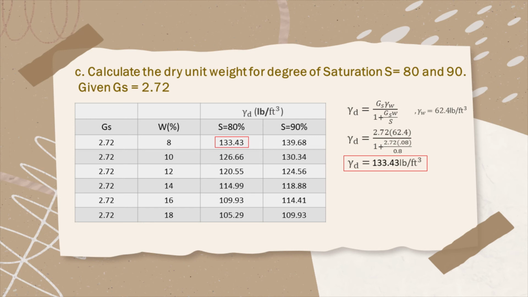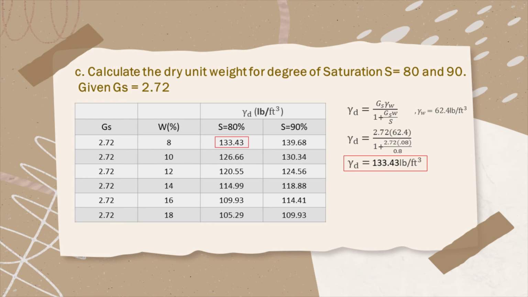The same with the water content for 10%, 12%, 14%, 16%, and 18%, we will use the same formula and we will get 126.66, 120.55, 114.99, 109.93, and 105.59. And that is for 80% saturation.